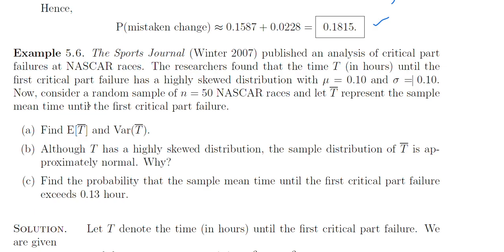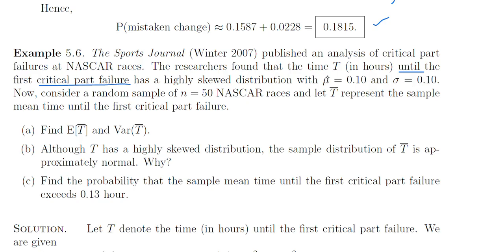Now consider a random sample of n equals 50 NASCAR races. Let T bar represent the sample mean time until the first critical part failure. So now we are interested in the time T until the first critical part failure has occurred.